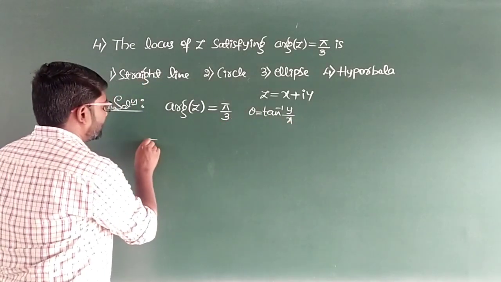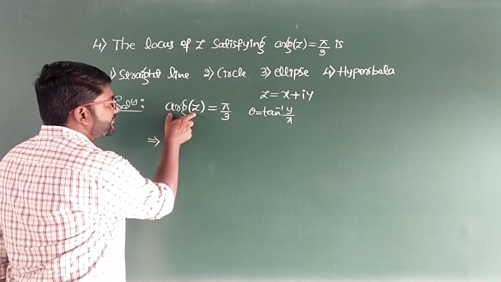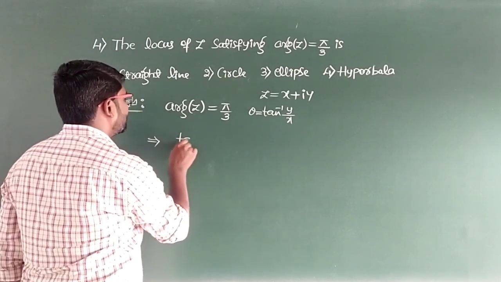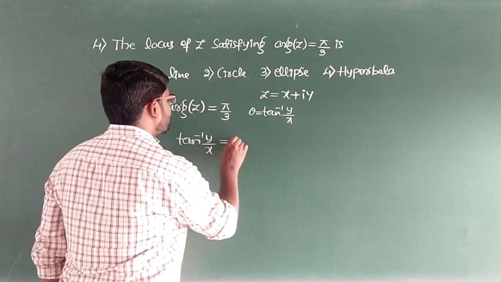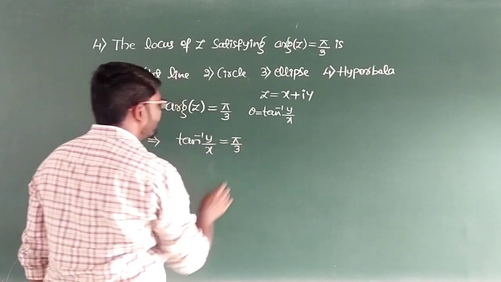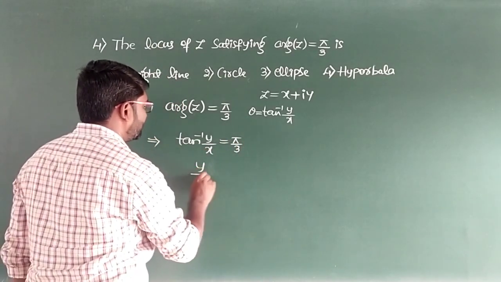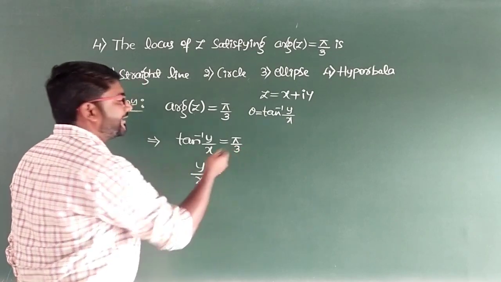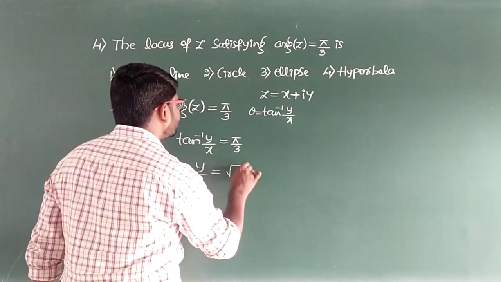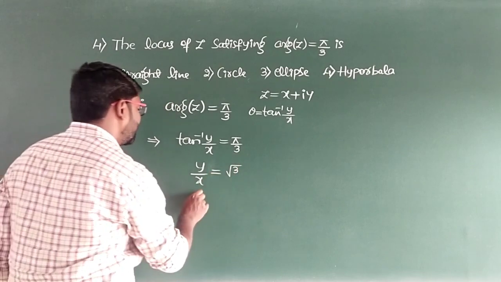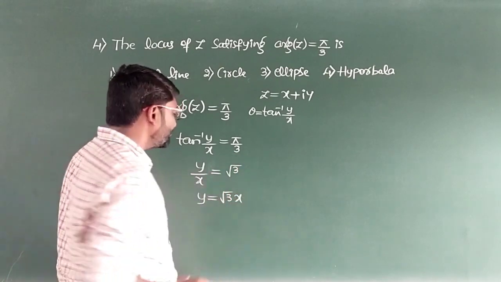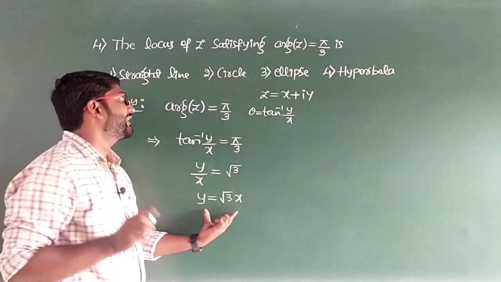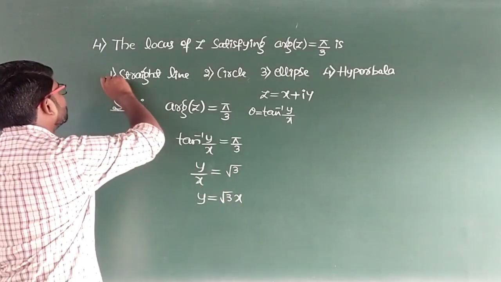So this implies I can replace the argument of z by tan inverse y by x, which is equal to pi by 3. From this we get y by x equal to tan pi by 3, it will be root 3. So take x to the right hand side, overall we get y equal to root 3 x. Y equal to root 3 x is a straight line. So option 1 is the correct one.